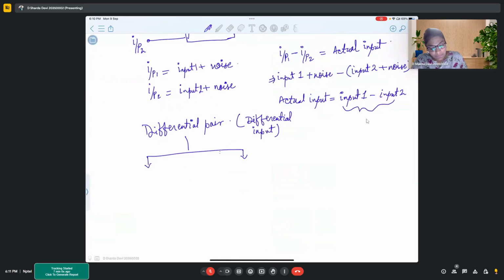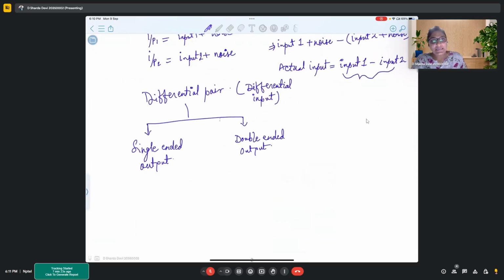Now, depending on the type of output, you can get either a single-ended output or a double-ended output. When there is a single-ended output, that circuit we call an OTA, and for the double-ended output, we call it a differential amplifier or differential pair.